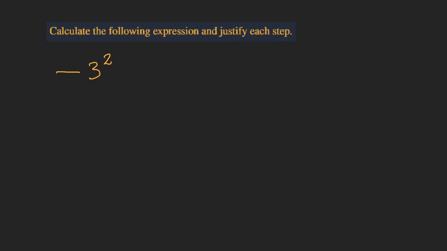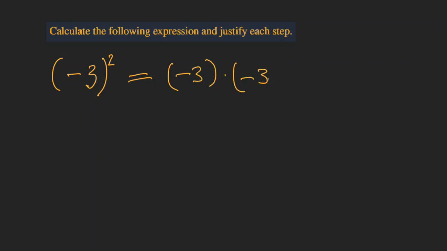In this expression, we see the second power and subtraction. Since powers have priority over subtraction, it equals minus 3 squared is 9. By definition of the square, minus 3 squared equals minus 3 times minus 3, which is 9.